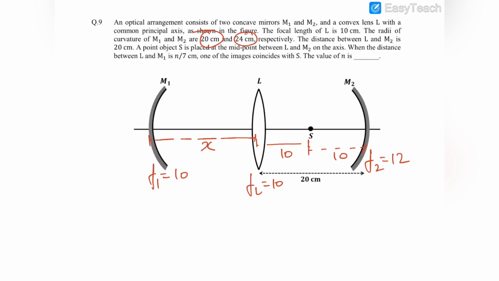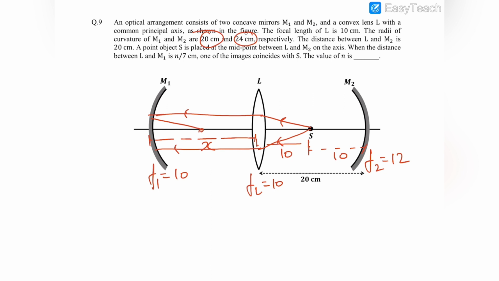So we can see the ray diagram would be like that, because this is the focus of this lens, and therefore the rays would be going parallel to the principal axis, and hence the first image would be formed at this point, which is the radius of curvature.